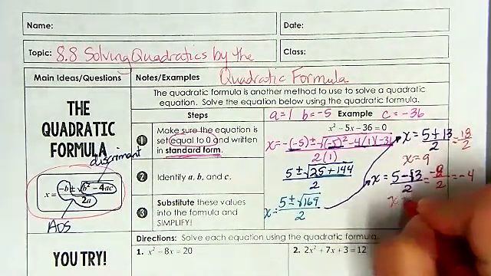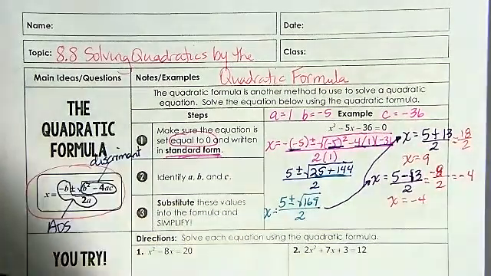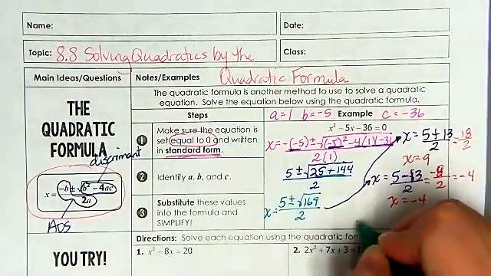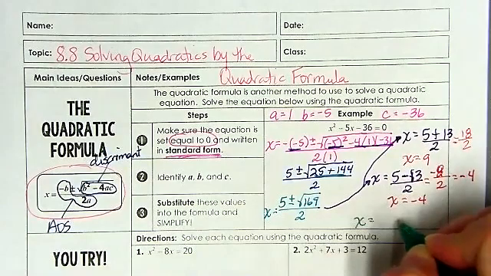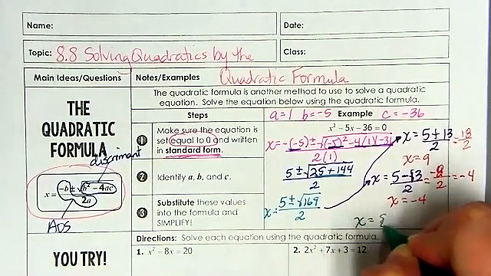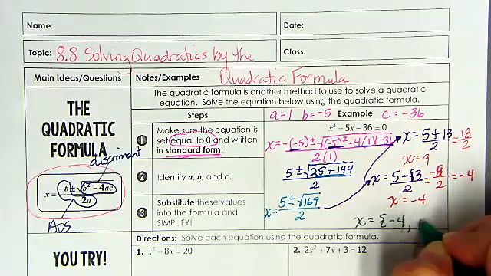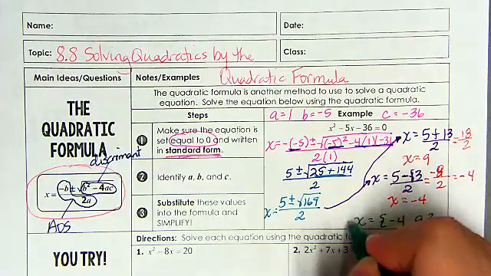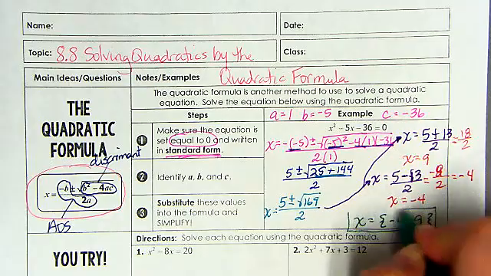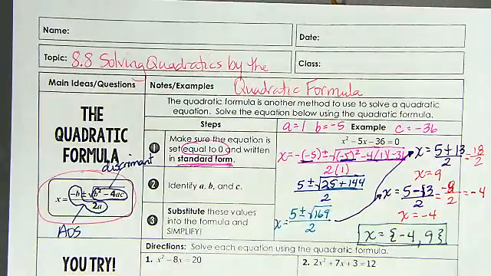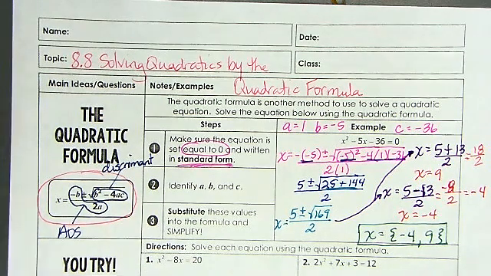So I'm going to have x equals -4. Now the way I write my solution is x equals curvy bracket, and then in order from least to greatest, -4, comma 9, curvy bracket, solution set symbols. There's my answer.